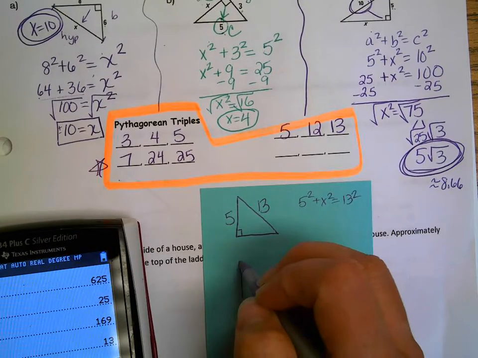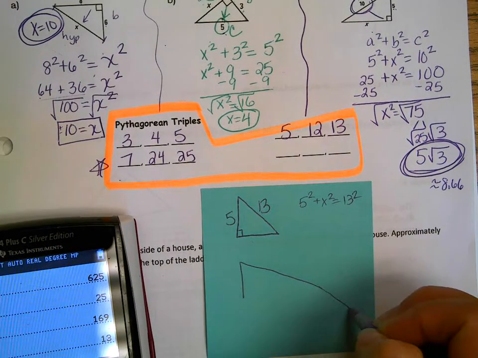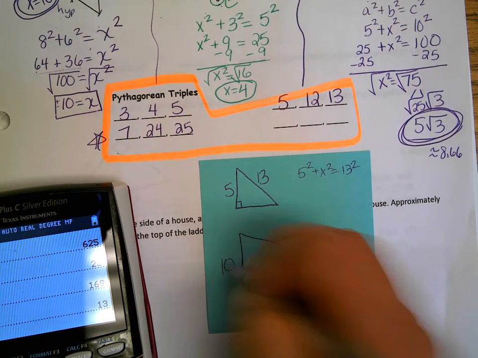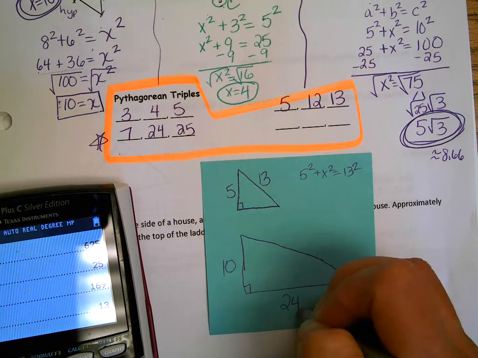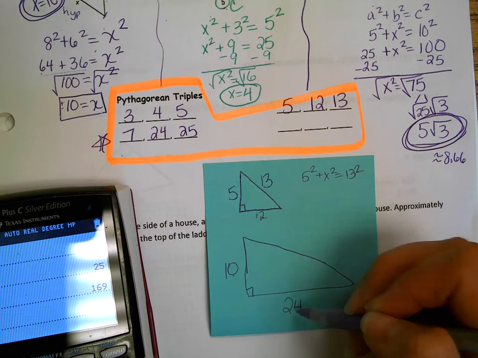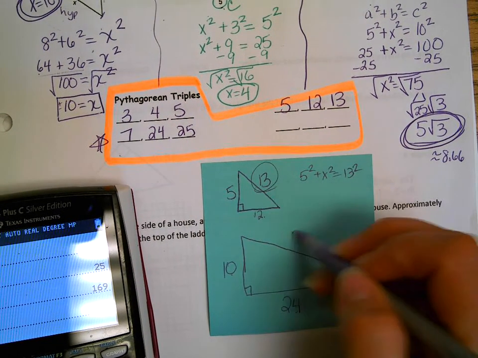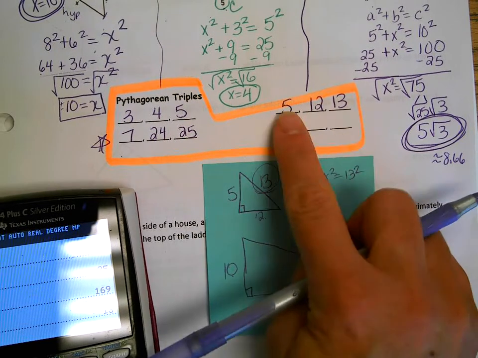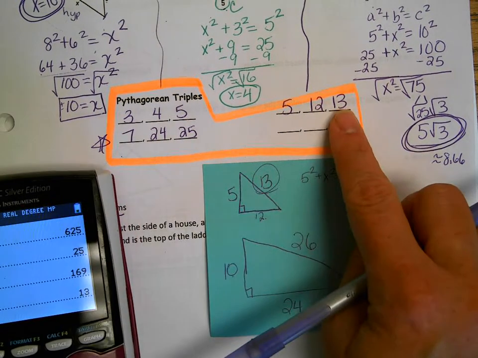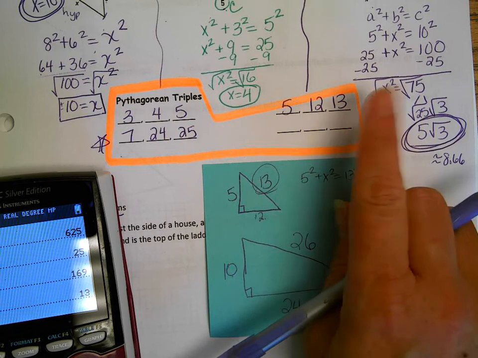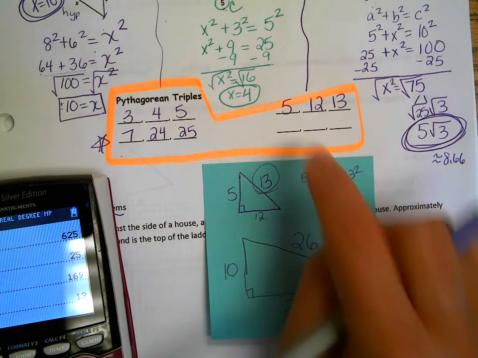So if I made a bigger right triangle and said that this side was 10 and this side is 24, that's 5 becomes 10, 12 becomes 24, therefore 13 becomes 26. So that's a triplet, but it's the multiple of a triplet. If I multiply these all through by 2, we get a new triplet. Okay, so these are the simplest ones.